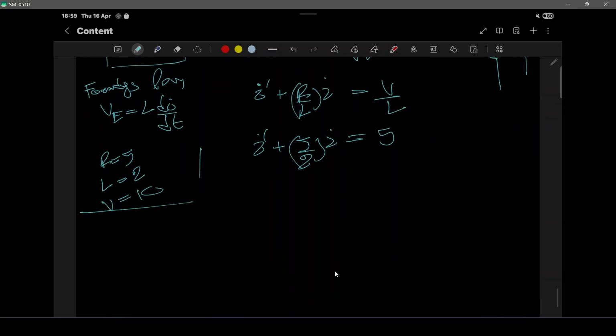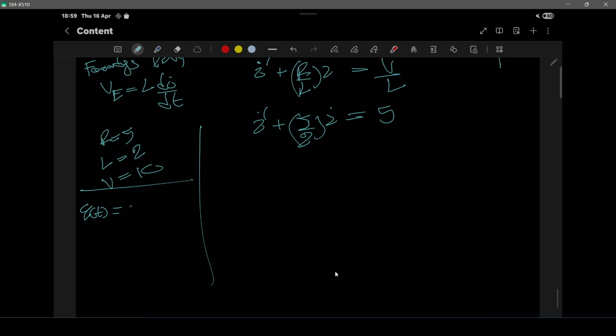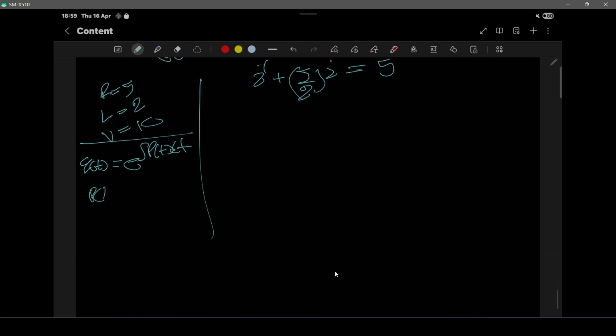Now we have to find the integrating factor. This is a first order linear equation, so we know the method. We are going to find the Q(t), which is equal to e to the power integration of P(t) dt. P(t) is just a constant, 5 over 2. So Q(t) you can directly write as e to the power 5 over 2 t.